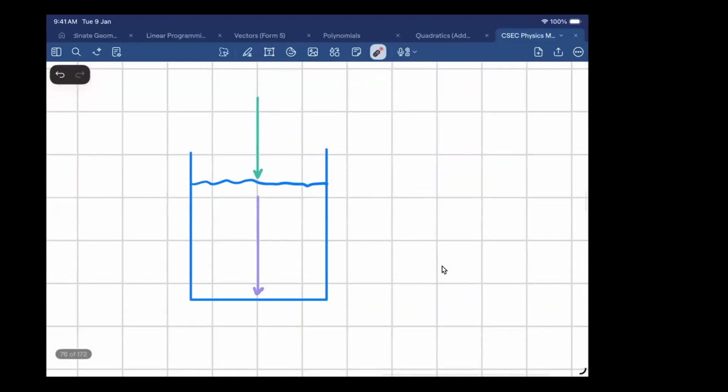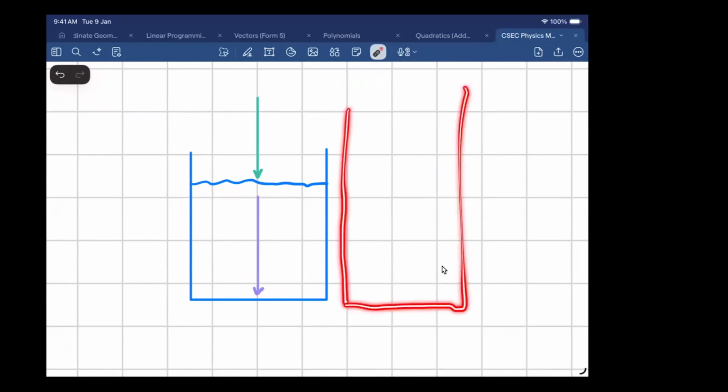That if you have something submerged in a fluid, the fluid is going to press down on whatever is placed in it, and as a result, you're going to have a pressure acting on whatever you put inside here. That makes sense? Yes. What's going to happen if the height of water is more?